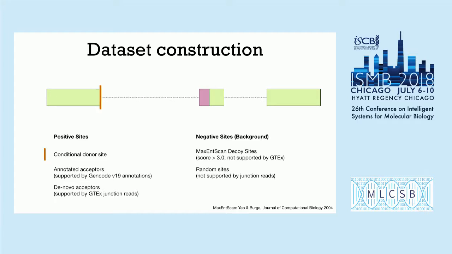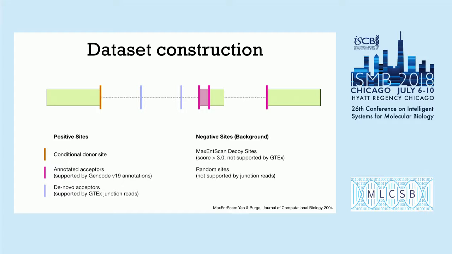So we start by picking a conditional donor site from the genome annotations, and then we add in all of the annotated acceptors that are spliced to this donor. Next, we look at the RNA-seq data, and we add in all of the de novo acceptors that we can find that are also spliced to this donor, subject to some filters like a certain minimum number of reads, and we need to see these sites in more than one sample.